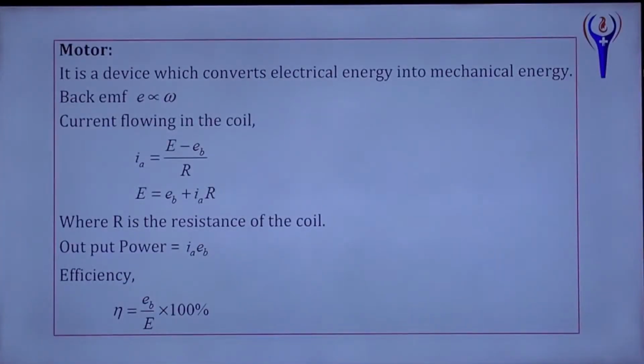Motor is the reverse form. A motor converts electrical energy into mechanical energy. Here E is proportional to omega. Motor is the reverse process of a generator. With current flowing in the coil, E equal to EB plus IA R. Just write down the definition of motor and then efficiency.